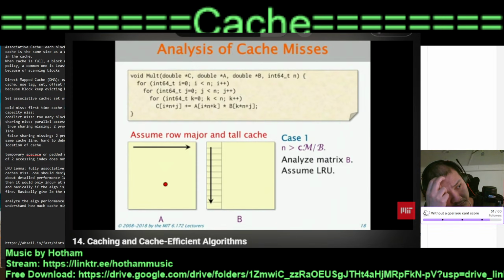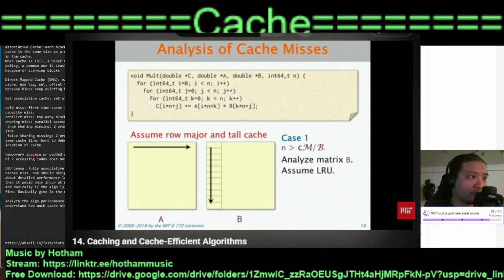So to do this matrix multiplication, I'm going to go through one row of A and one column of B and do the dot product there. This is what happens in the innermost loop. And how many cache misses am I going to incur when I go down one column of B here? So here I have the case where n is greater than M over B. So I can't fit one block from each row into the cache.